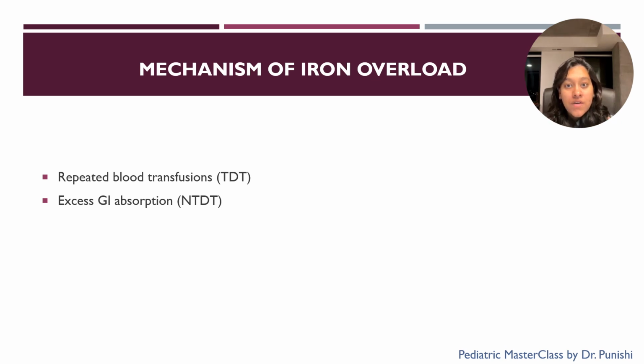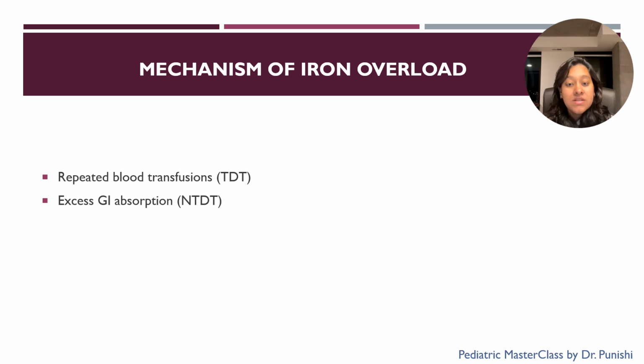So that's a lot of iron that accumulates in these transfusion dependent thalassemics over time, so much so that the amount of iron accumulating is way more than what the body can metabolize and excrete. So that remains the most common cause of iron overload in the thalassemics, again mainly the transfusion dependent.